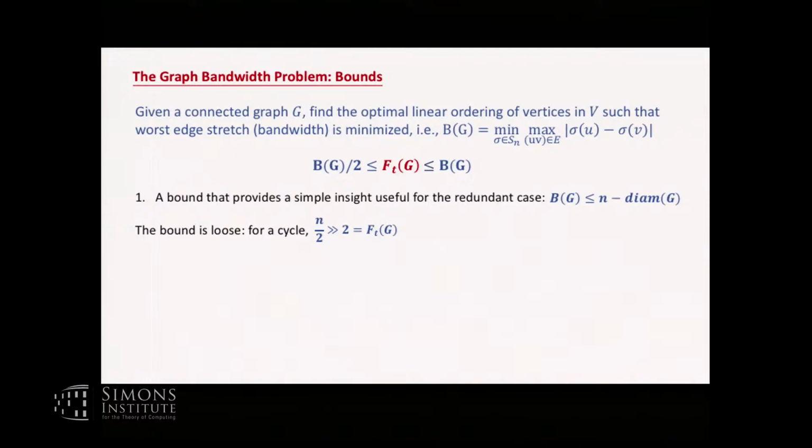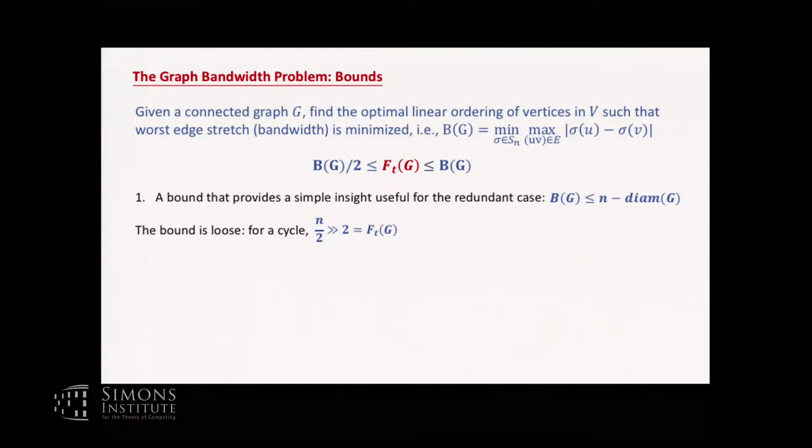So then we said, okay, let's look at bounds. Let's see, can we learn something from the bounds themselves for the graph bandwidth problem that will indicate what we are supposed to do? And there are some really straightforward bounds. For example, an upper bound that says that the bandwidth is less than or equal to n minus the diameter of the graph. That is very important for a lot of the analysis we did later, because if the diameter is large, the bandwidth will be small.